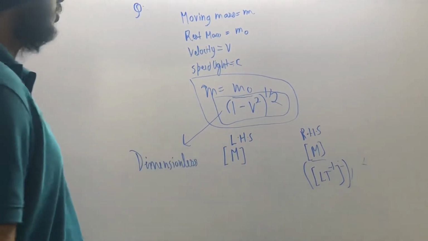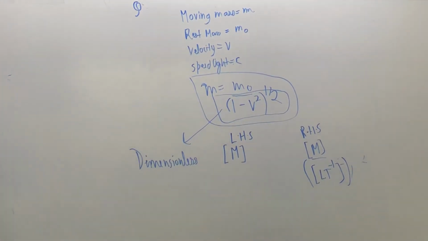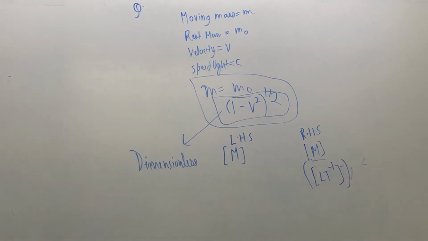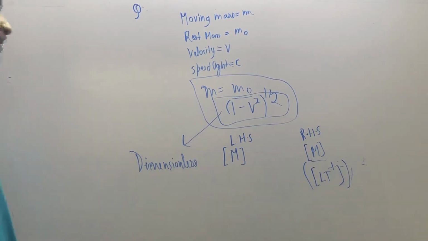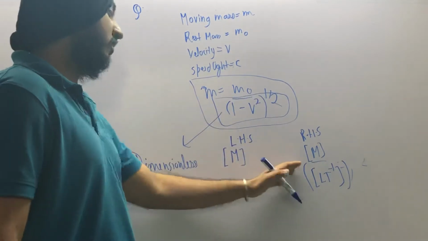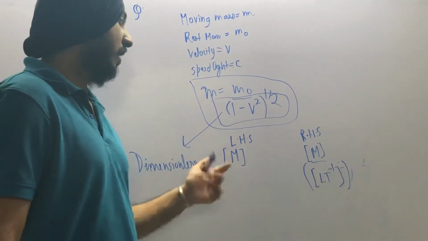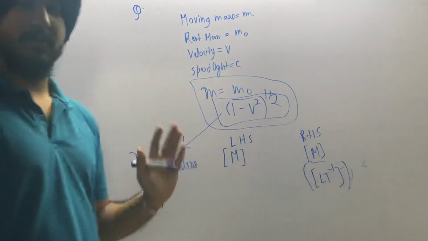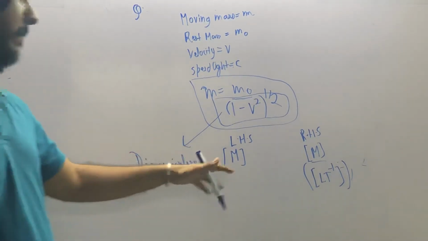There should not be any dimension in this relationship. If I make this dimensionless, then this LT minus 1 disappears and my problem will be solved. There will be only m and m remaining.